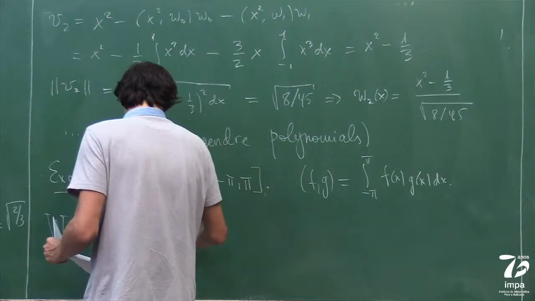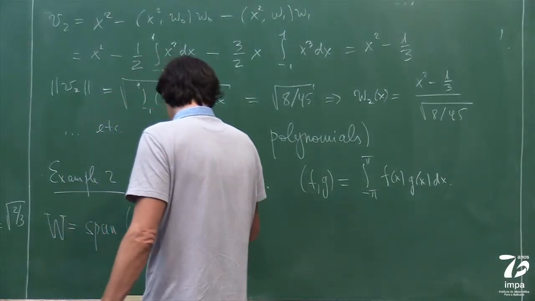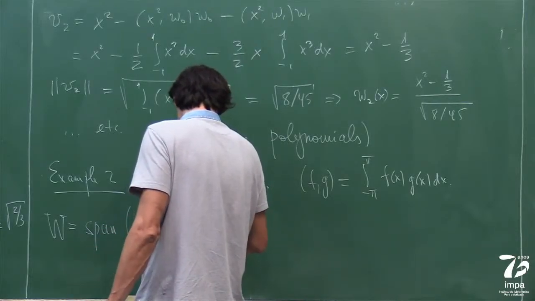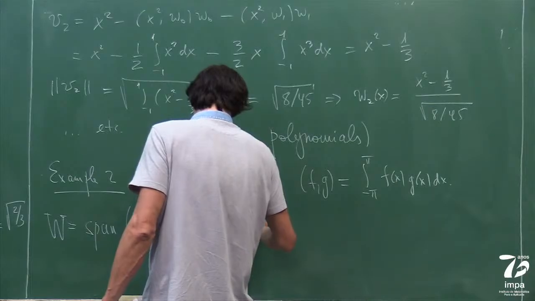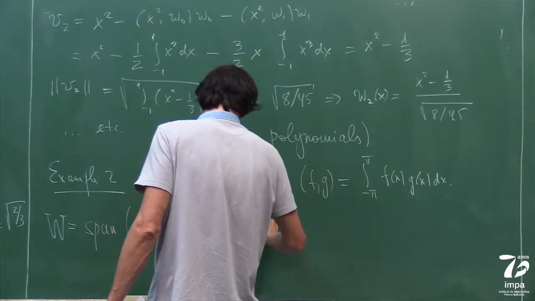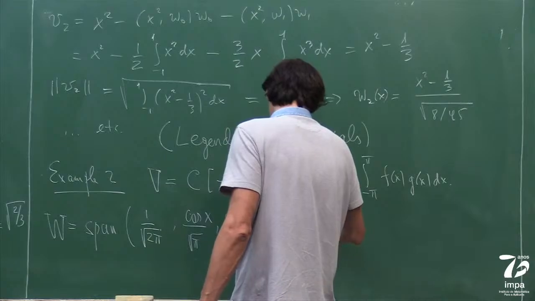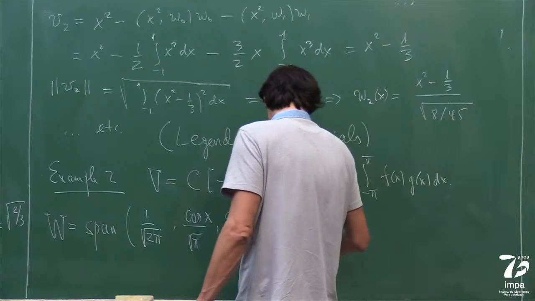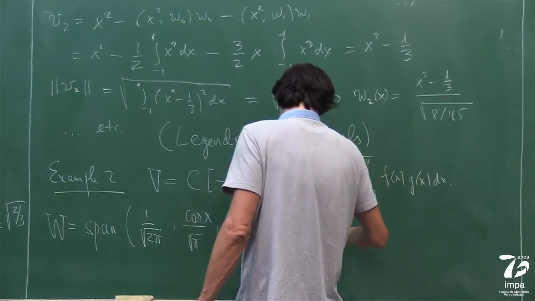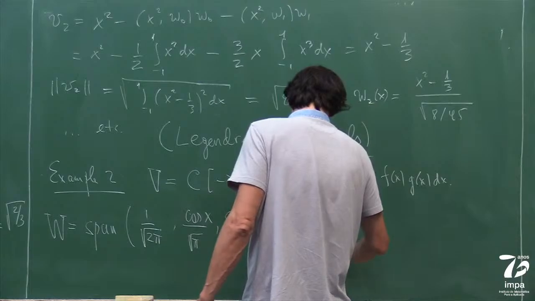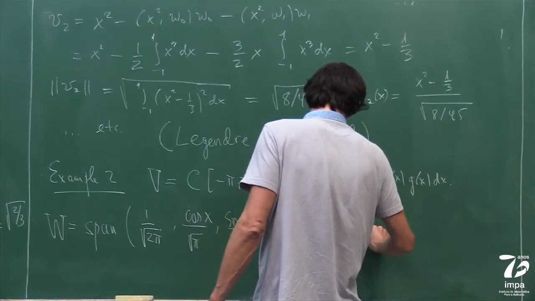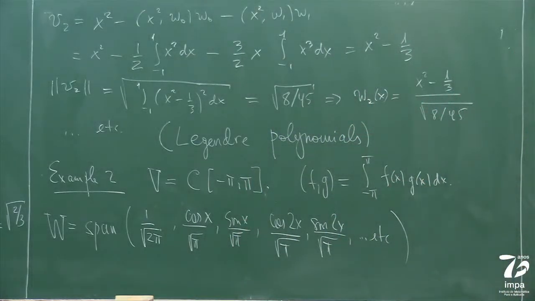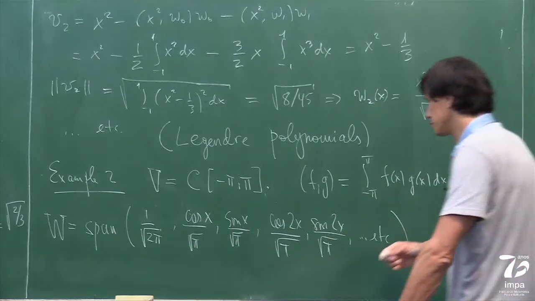The constant 1 over square root of 2 pi. Then cosine x divided by square root of pi, sine x divided by square root of pi, then cosine 2x, sine 2x divided by square root of pi, etc. So you can stop at any moment. This will be an orthonormal basis.